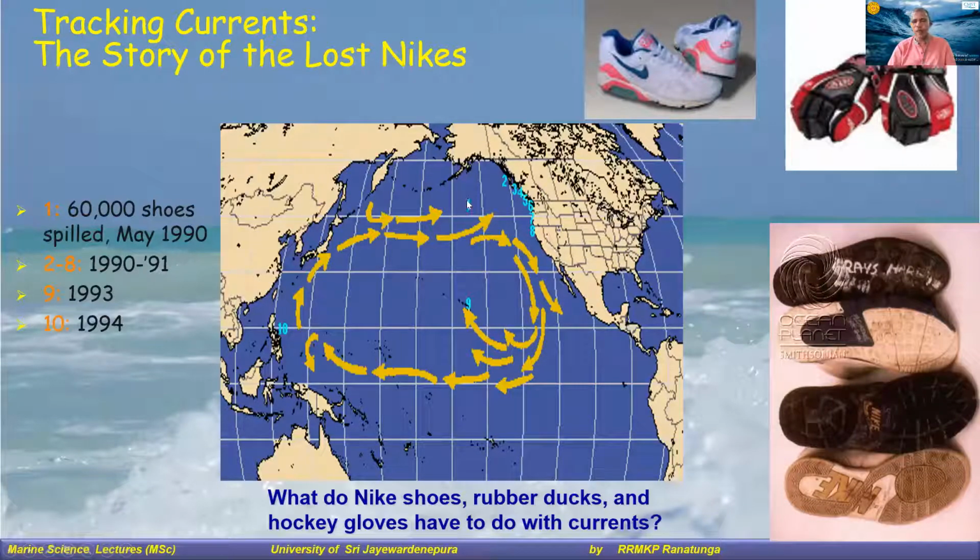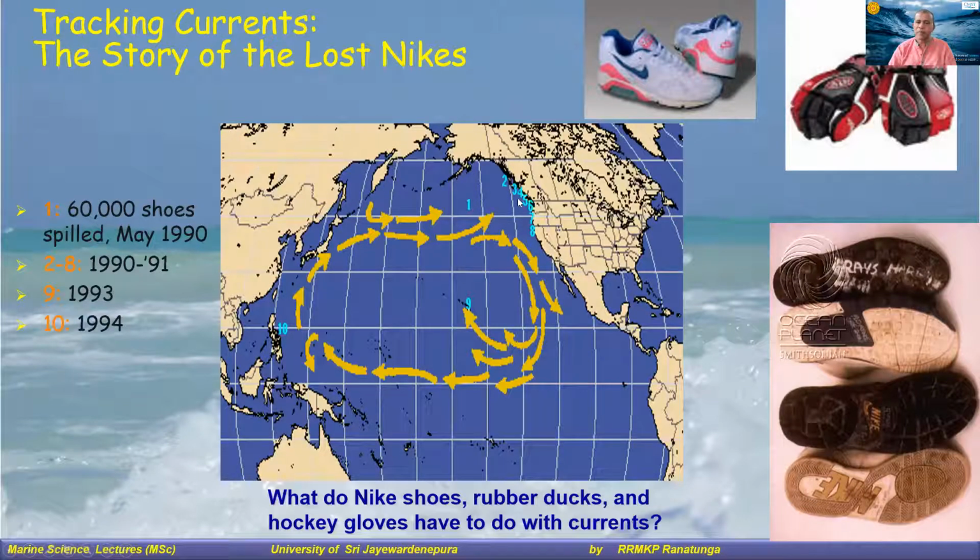You see how scientists even use this kind of tragic situation. They used it for ocean monitoring, especially of ocean current movement. They tracked the movement of the floating items, like the shoes and whatever fell into the sea from that ship.